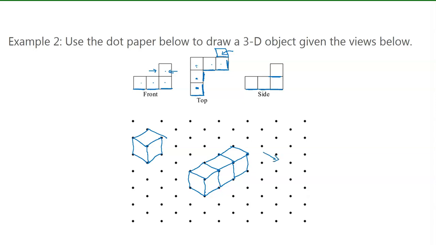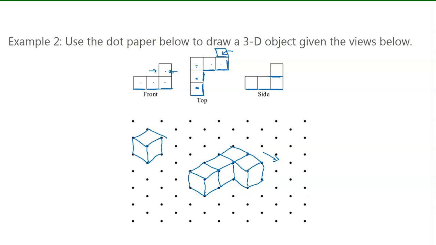So if I'm going to create another block next to that, I can see that there's a couple of lines here that we wouldn't actually see if we had the blocks. So I'm going to now erase a couple of the lines. I'm going to erase those 2 lines there.